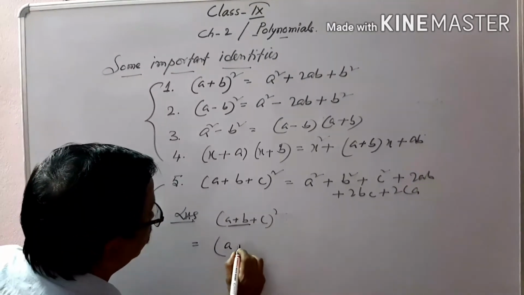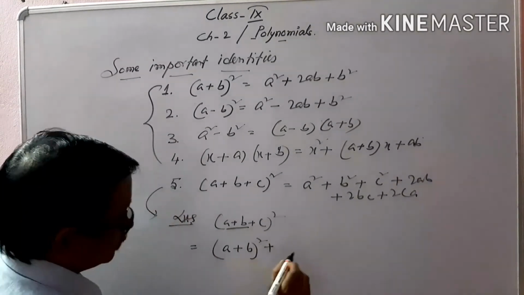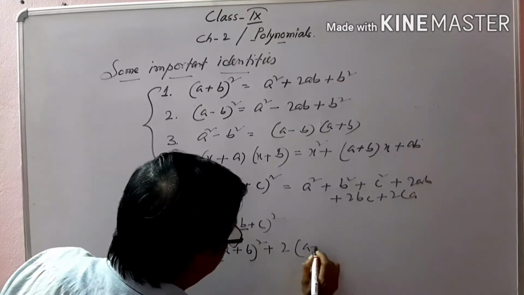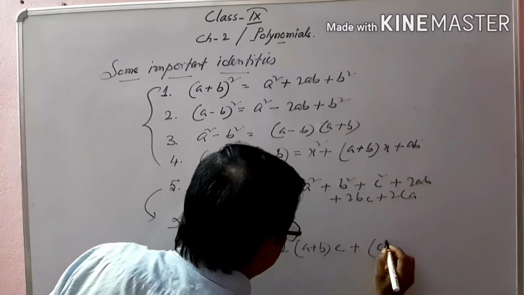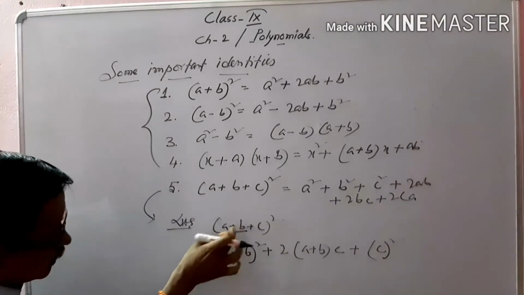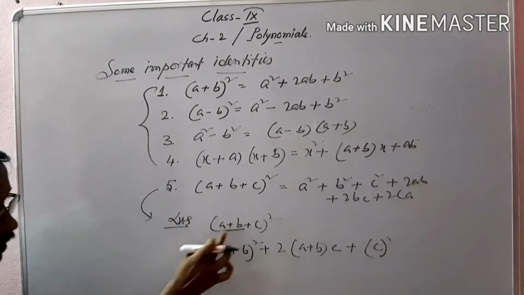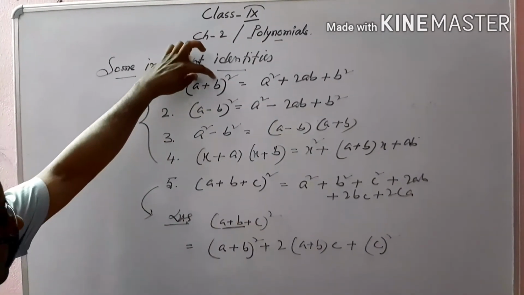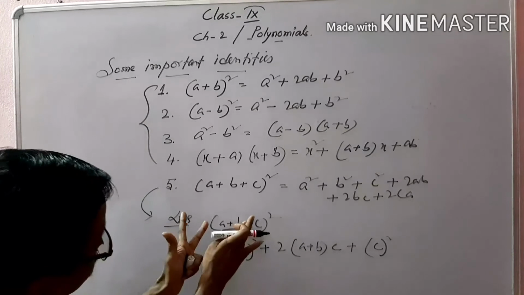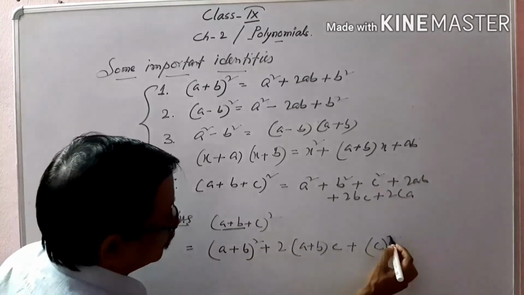We can write (a plus b) whole square plus twice (a plus b) into c plus c square. There are two terms, we have taken only one, okay, we are considering that as 1. So by using that identity, we write this one square plus this one plus this one, is it clear?